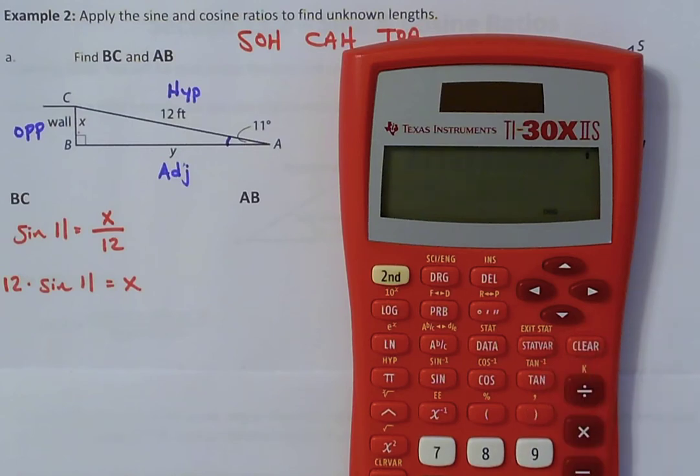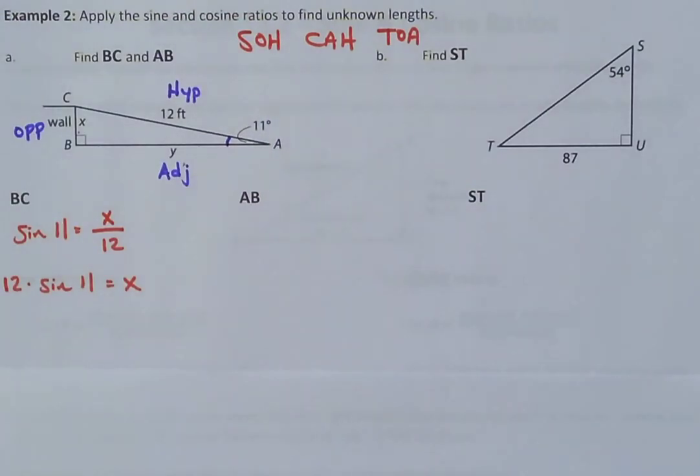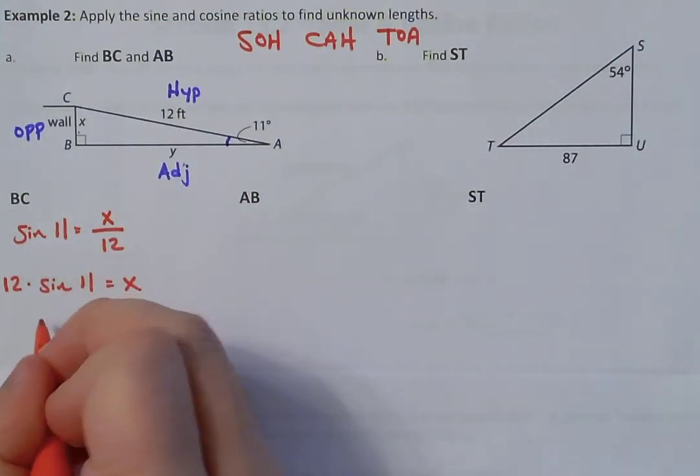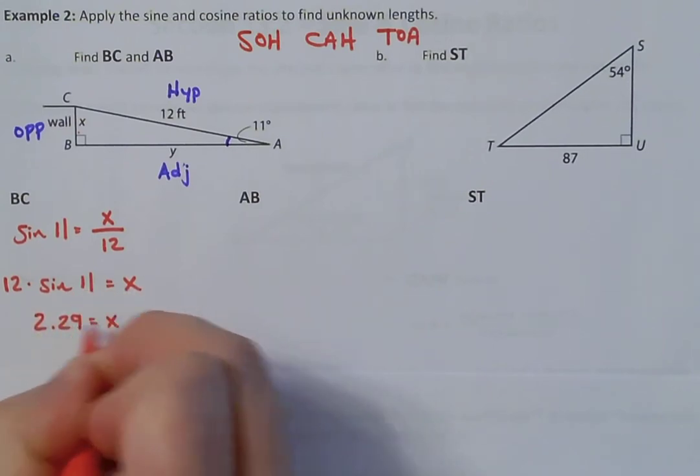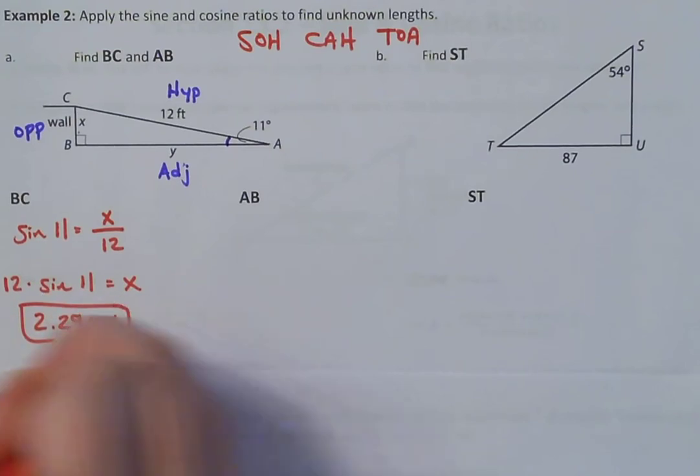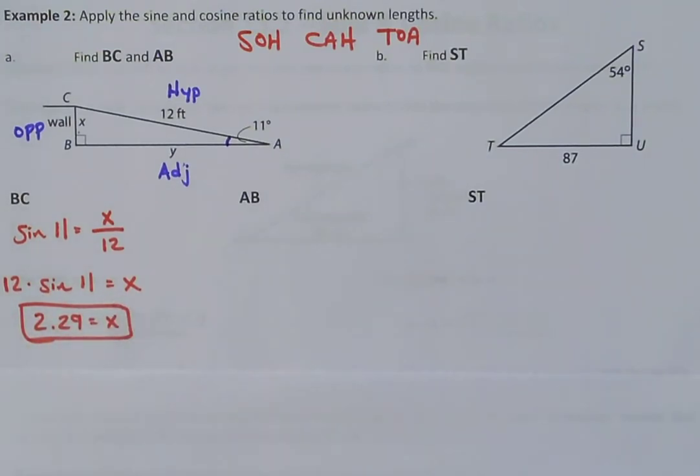All right, so if we do 12 times sine 11, so we're going to use the SIN button, sine 11, and we're going to end up with 2.289, and I'm going to round to 2 decimal places, so we're going to call this 2.29. And that is the length of BC.